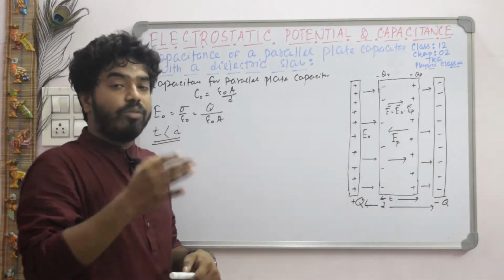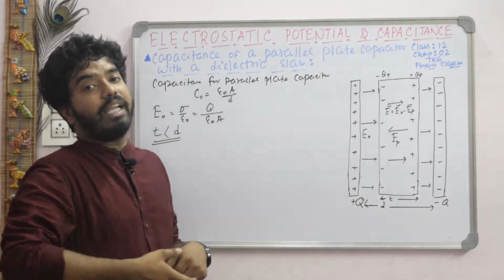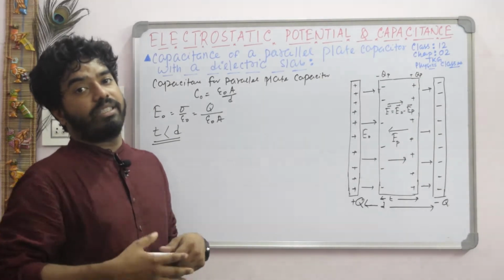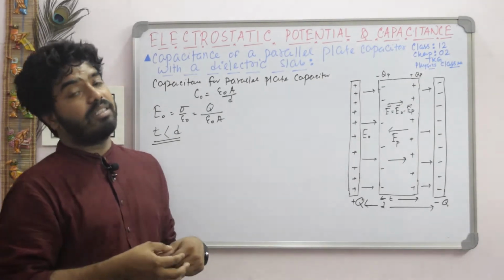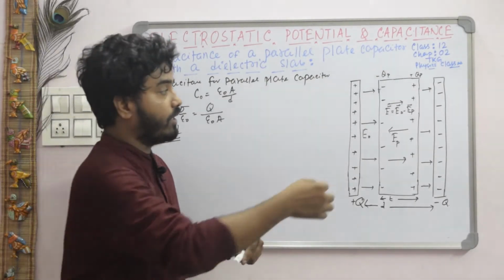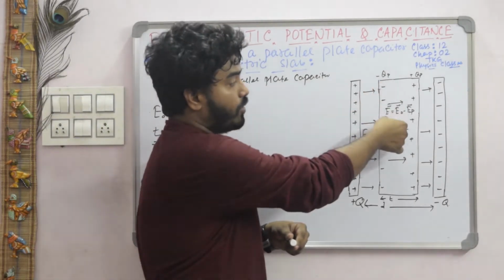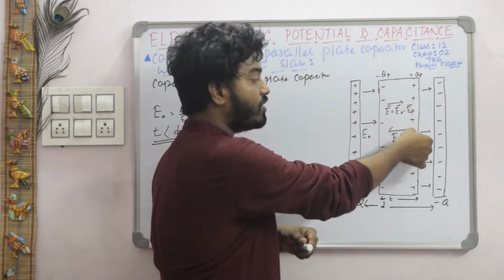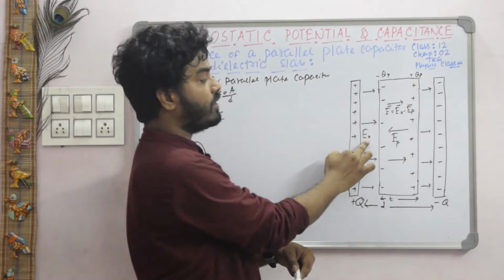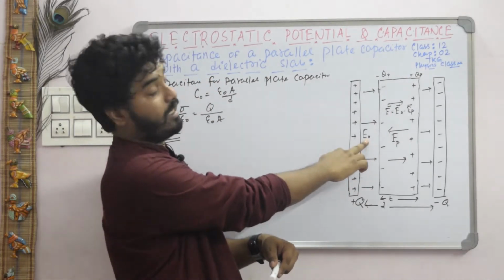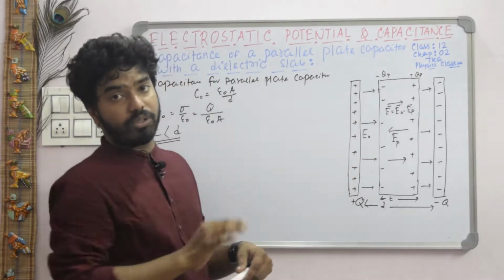This electric field E naught polarizes the dielectric. That means it induces a charge inside the dielectric. Here there is a charge minus Q, and here there is a charge minus Q, induced with the help of the electric field E naught.